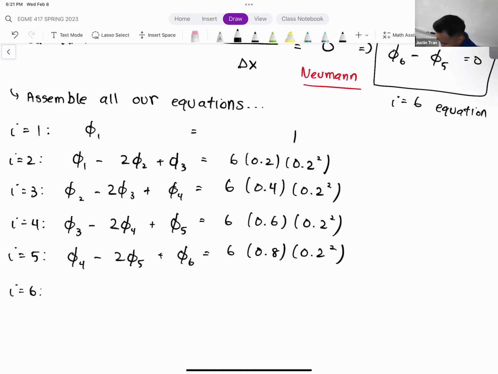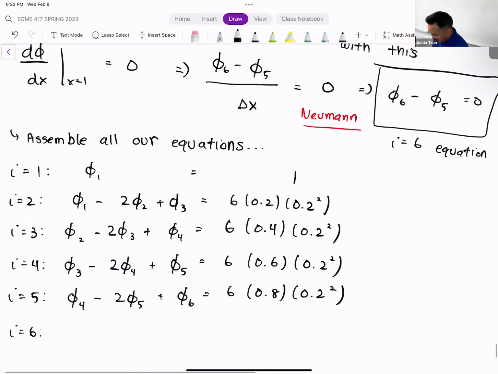Those 4 equations in the middle, i equals 2, 3, 4, and 5, are the longer ones because those came from the differential equation. And then finally, we have i is equal to 6, which we just obtained up here.